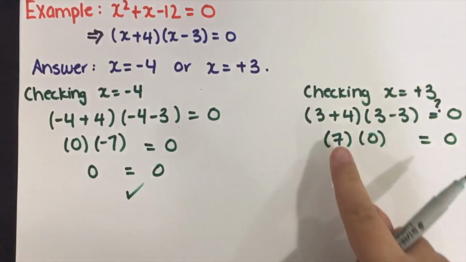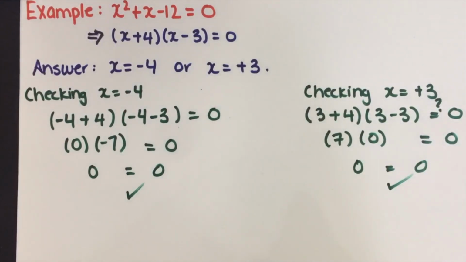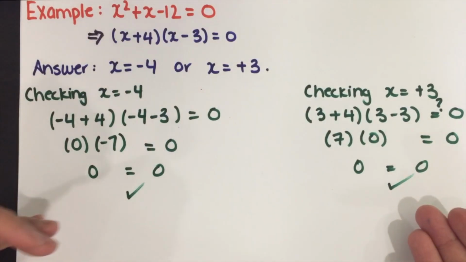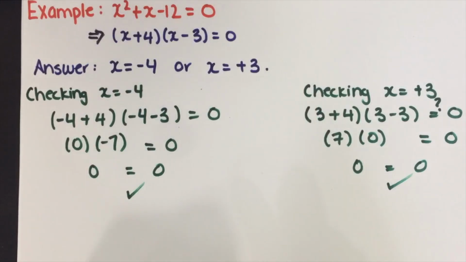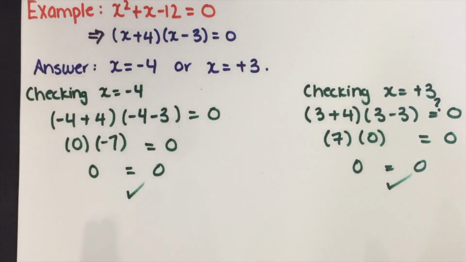Does it equal 0? Well, 0 times 7, yes. So it's true. That means our two answers, x equals negative 4 and x equals positive 3, lead to true statements, that is 0 equals 0. Left-hand side equals right-hand side, so our solutions are correct.